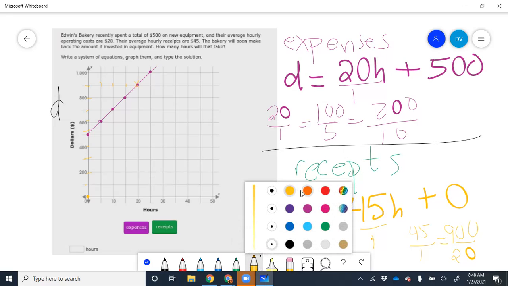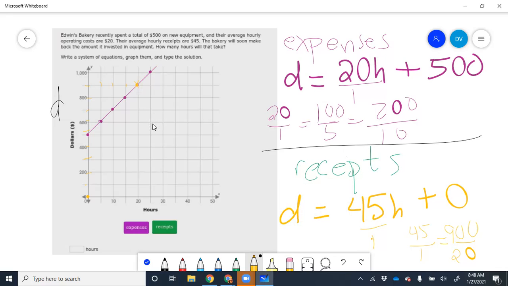My yellow point will go right there. And I know there's already a purple dot there. Let me erase those other little hash marks that we don't need anymore. Okay, you don't have to make these. You don't have to make these when you do the IXL line.